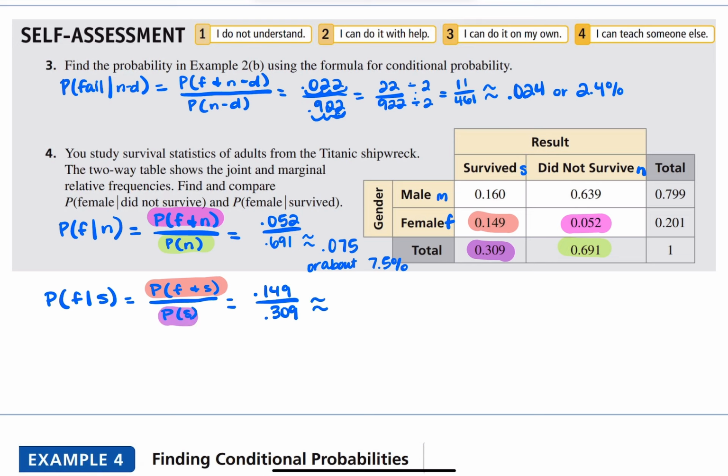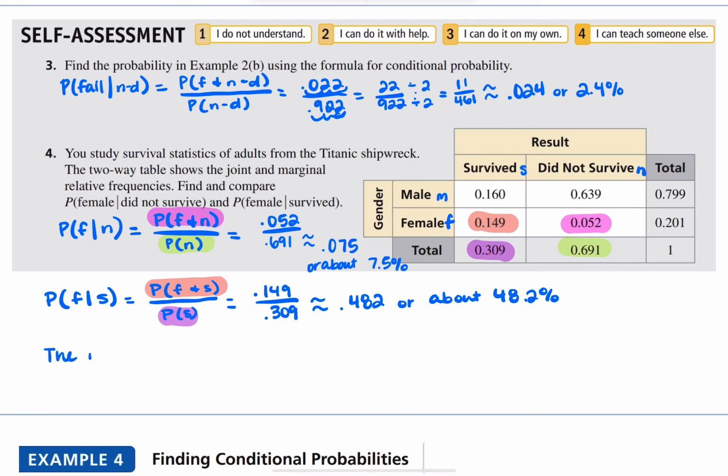Write that as a decimal, and that's going to be about 0.482 or about 48.2%. So comparing these two, the probability that they're female given that they did not survive is super low compared to the probability that they're female given they did survive.